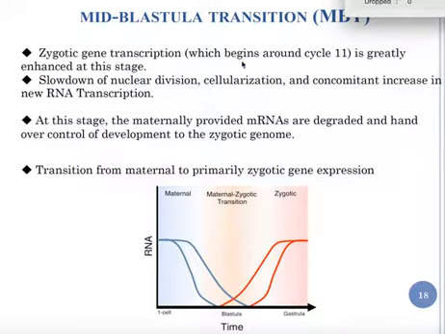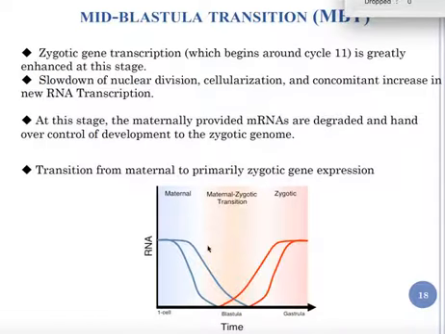We have a slowdown in the cellularization as well, and we have an increase in the new zygotic RNA transcription. So here slowdown of nuclear division and cellularization, and we will have new zygotic gene expression.